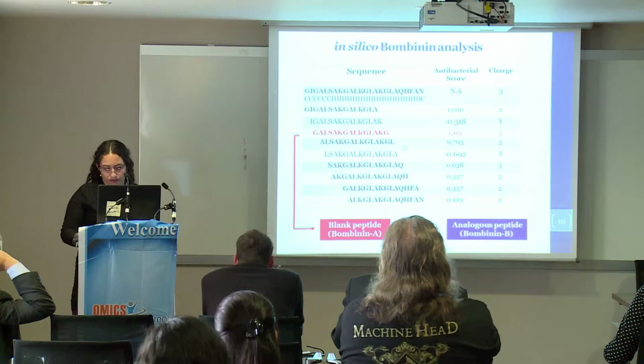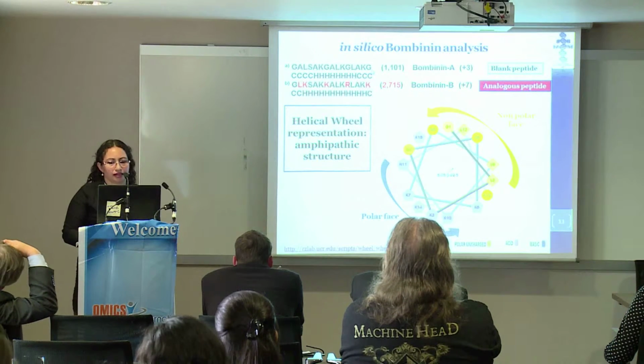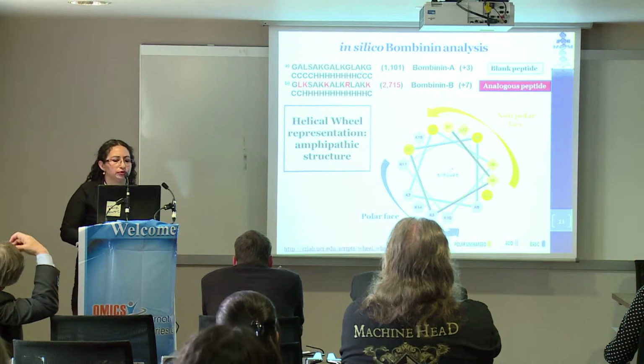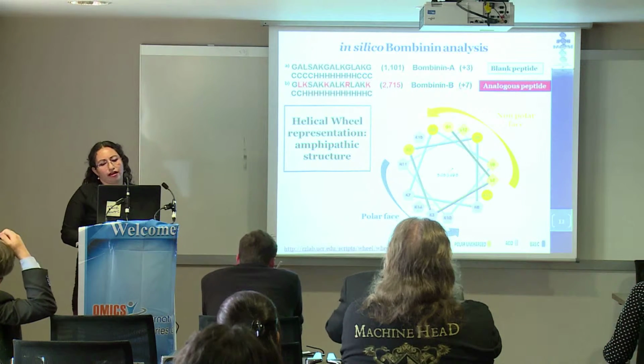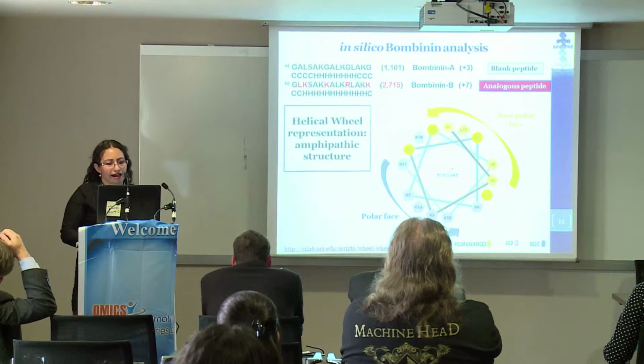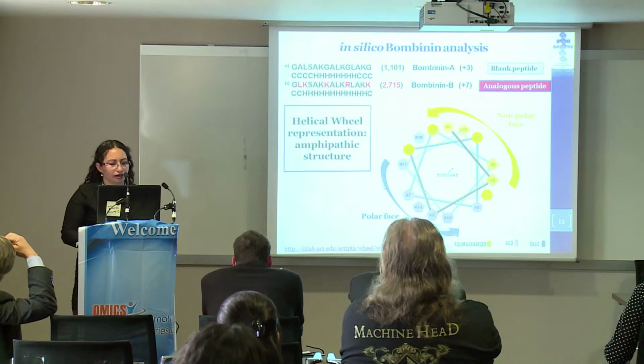Then, with this blank peptide, we made some changes in the primary structure, which you can see in red, and tried to increase the positive charge, and this is the antibacterial score. This is the helical wheel representation.